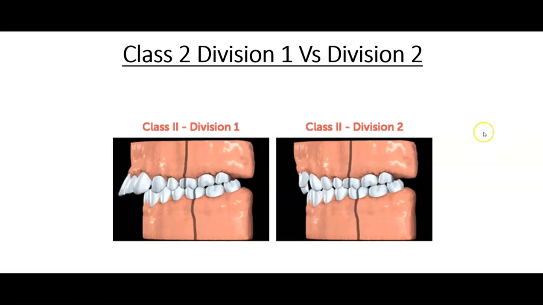Small correction, class 2 division 1 is where the front 2 teeth are protruded forward, or more than just the front 2 teeth, and class 2 division 2 is when the front 2 teeth are positioned backwards. In this case, the one we're looking at is class 2 division 2 occlusion.